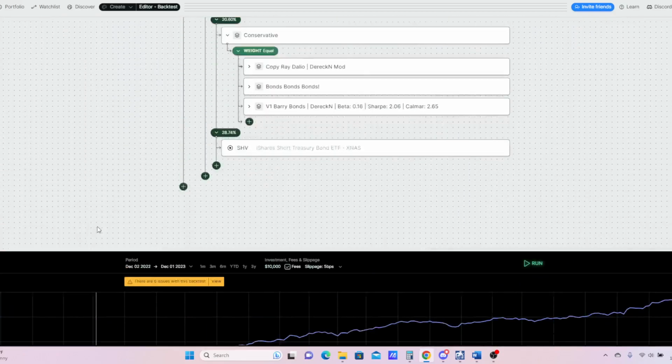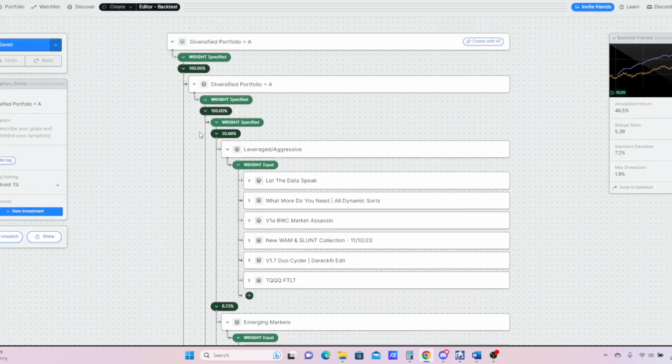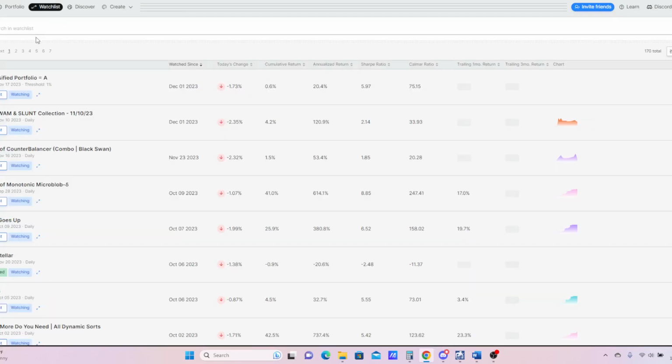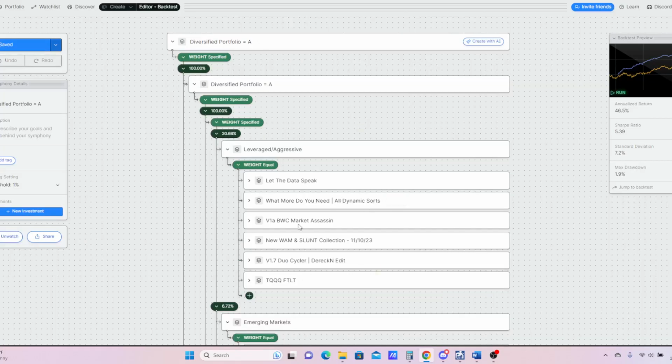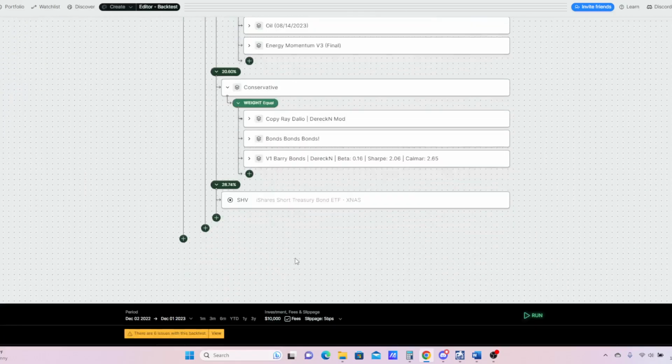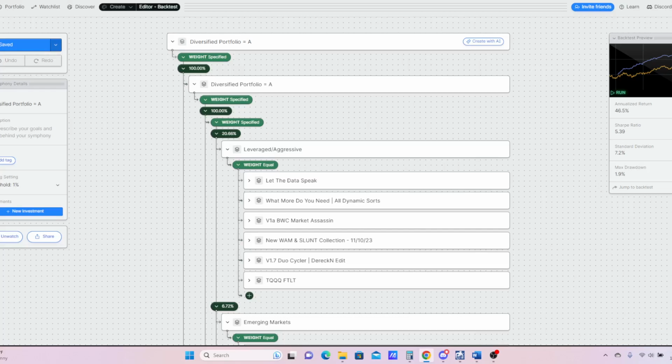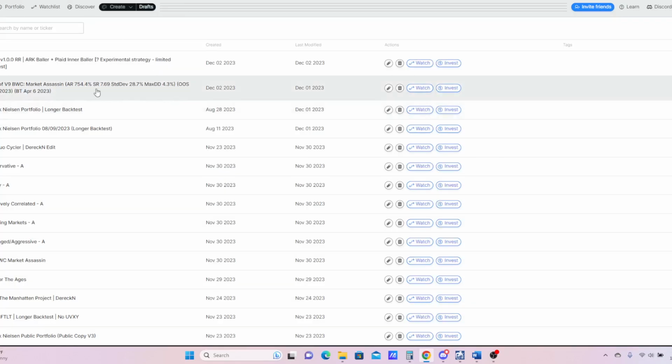So let me go into each branch and sort of go over how I get these weightings and why I do that. So in the leveraged aggressive, let me open another, let me go to my drafts. So each of these, I have each of these groups saved as their own individual symphonies, so it'll be a lot easier to go over.